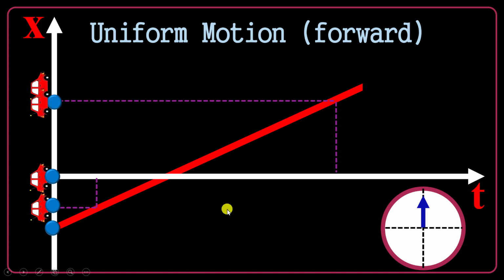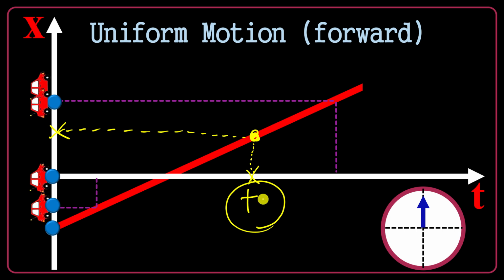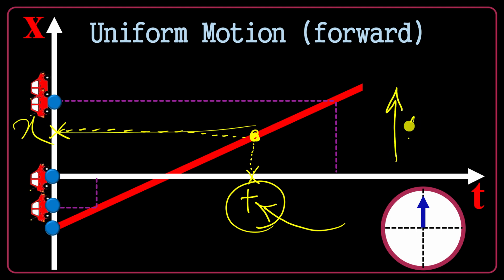So whenever you want to find the location of the object at any arbitrary time, like t, you will go up or down until you get the graph, and then you continue to the left to find the location of the object, the position of the object. This is exactly like a machine, I mean a mathematical machine. Here you give the t as the input, and then the output will be x. So it's t and it's x.